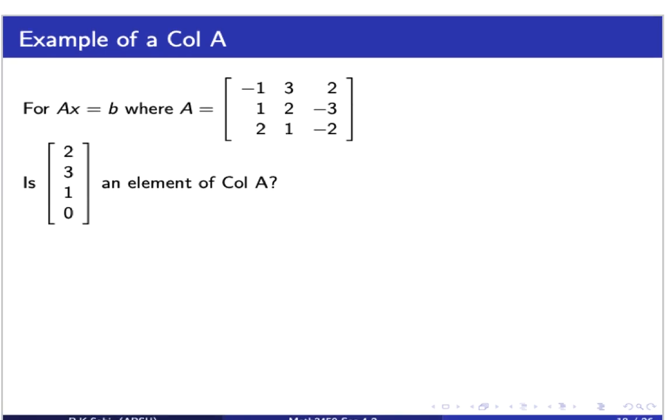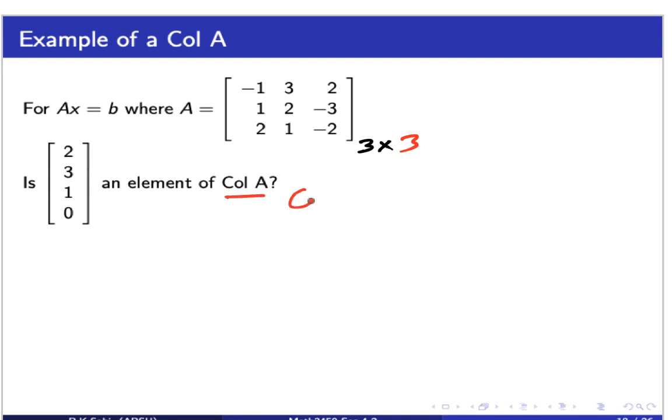Now for Ax equal to B, where this is my A, the question is: is this element 2, 3, 1, 0 an element of the column space of A? Now guys, remember once again, you have to look at whether this is an appropriate element before we even apply the algorithm. So this is a 3 by 3 matrix.